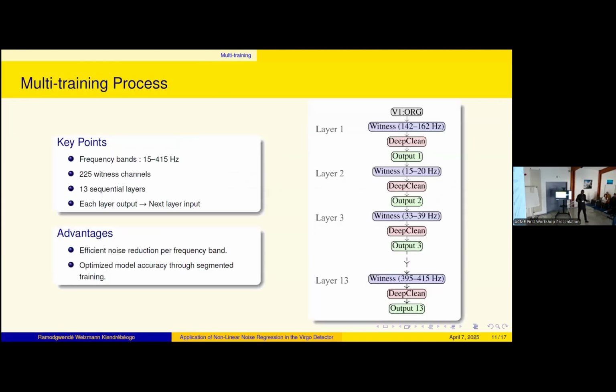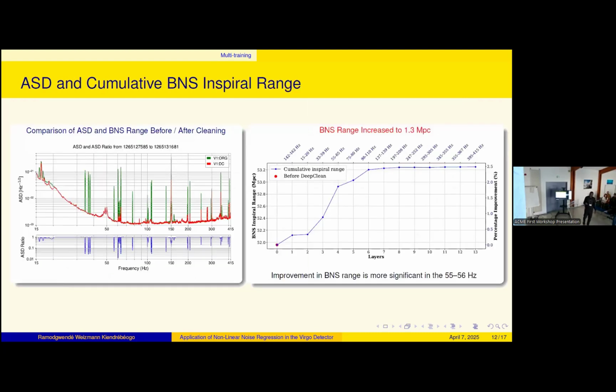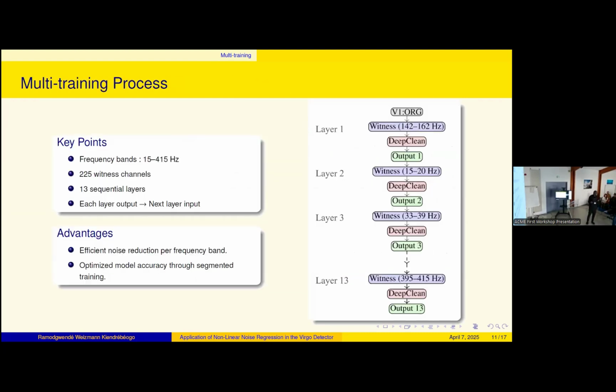This multi-training process is a pipeline to help us train on a large frequency band. Like in our case, we're training from 15 to 415 Hz. And we use sequential layers.